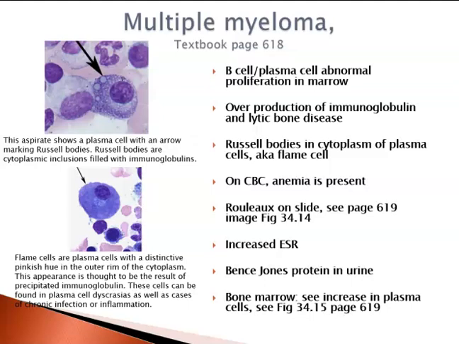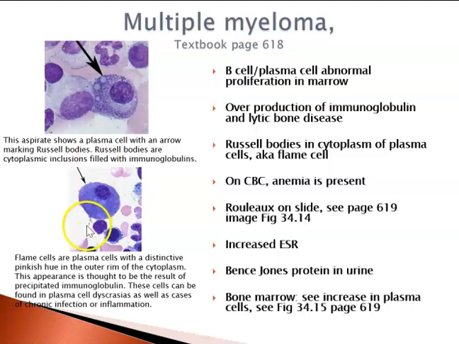So if you'll look over to the top left-hand corner, you'll see an example of what a Russell body looks like in a plasma cell. The arrow is pointing to a Russell body. Okay, this is a cytoplasmic inclusion, and it's filled with antibodies. Remember, we have an overproduction of antibodies or immunoglobulins.